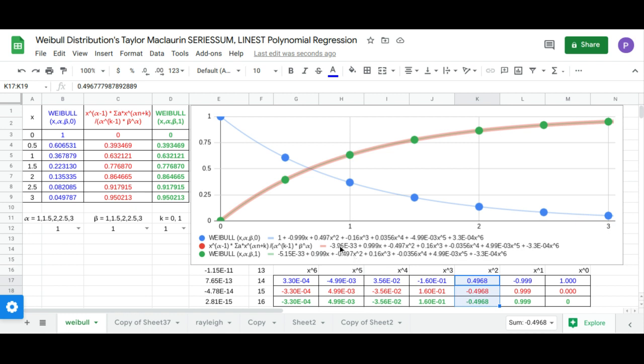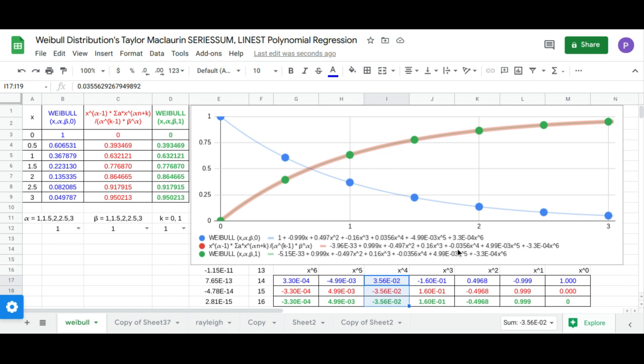Coefficient of x squared, 0.497. Then this is negative 0.4968. 0.4968. And the coefficient of x cubed, 0.16. This is negative, and this is positive 0.16. Coefficient of x to the fourth, 0.0356.